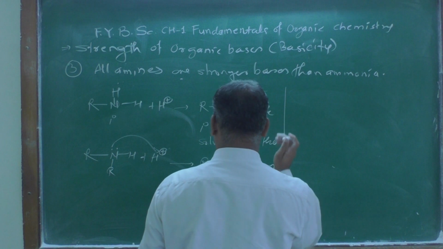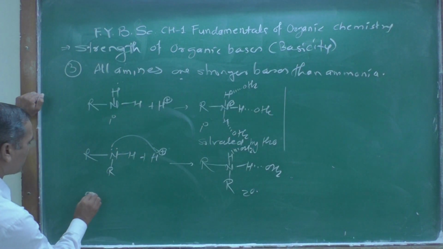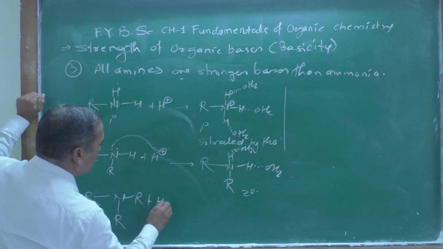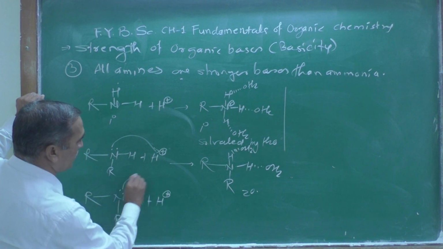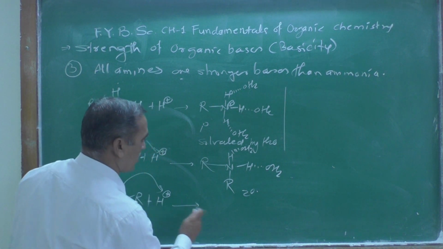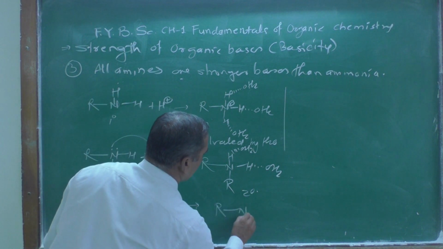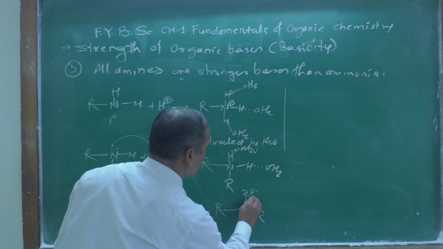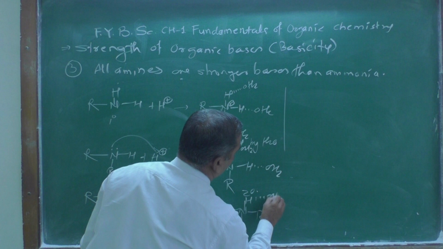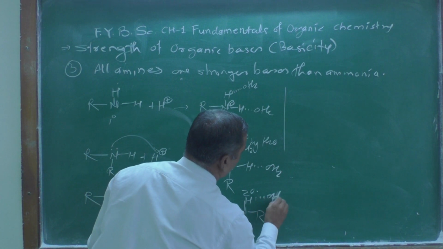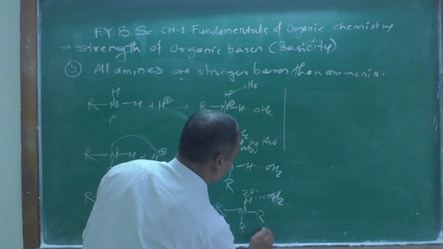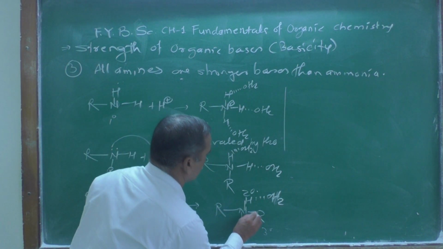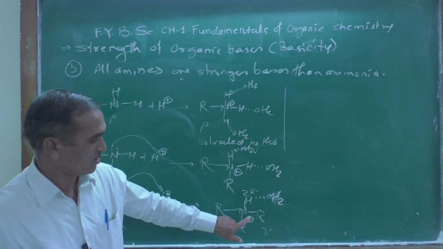Whatever conjugate acid is formed, that is well stabilized due to the hydrogen bonding. And in the case of the tertiary amine, look here, the tertiary amine has this structure, R3N. The lone pair picks up the proton and you are going to get R3NH plus, and only one H is there for solvation by H2O.